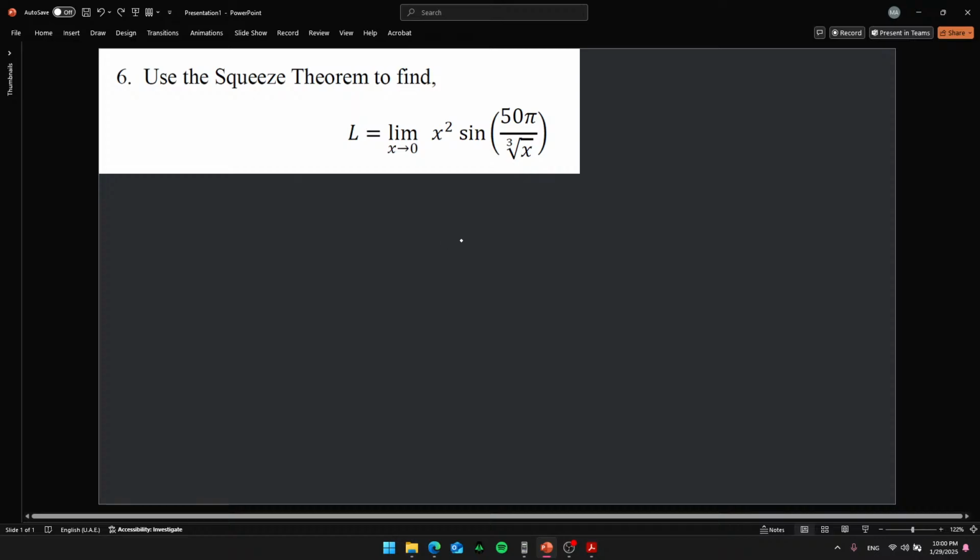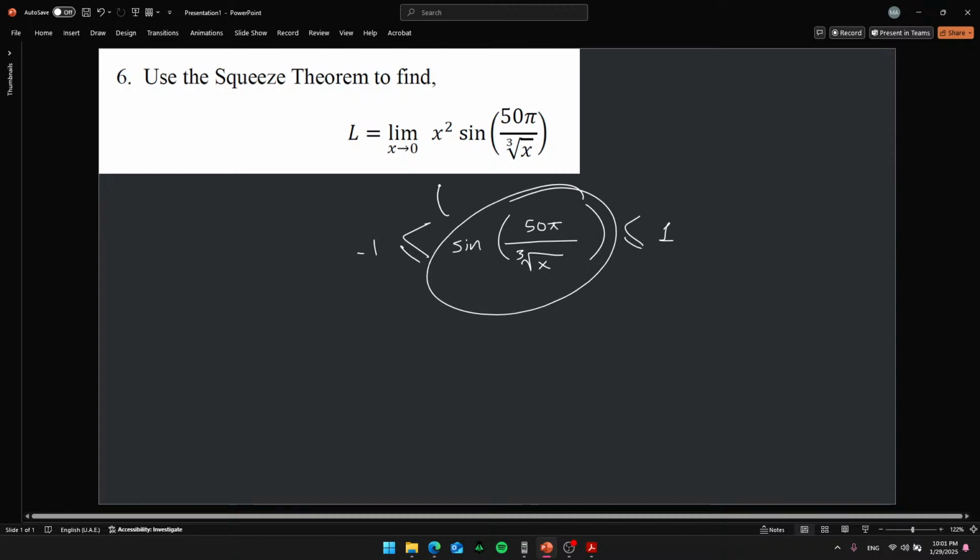So like the sine function, we can squeeze it between what? Between 1 and -1. Now we have to make the middle function look similar to the limit problem.